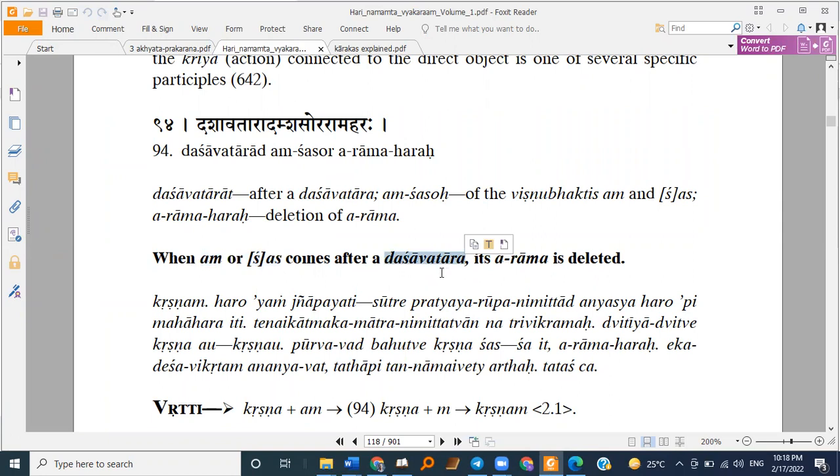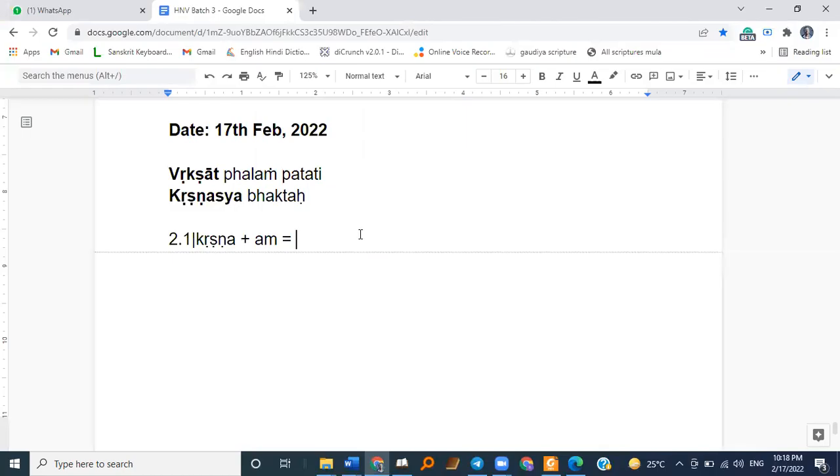What's the Dashavatara? The first 10 vowels. So when Am or Shas, either of them, comes after a Dashavatara, the Rama is deleted. Then we delete the Rama of either Am or Shas, whatever is there. So we do it here, Sutra 94. Krishna ends in a Dashavatara, and the following pratyaya is Am.